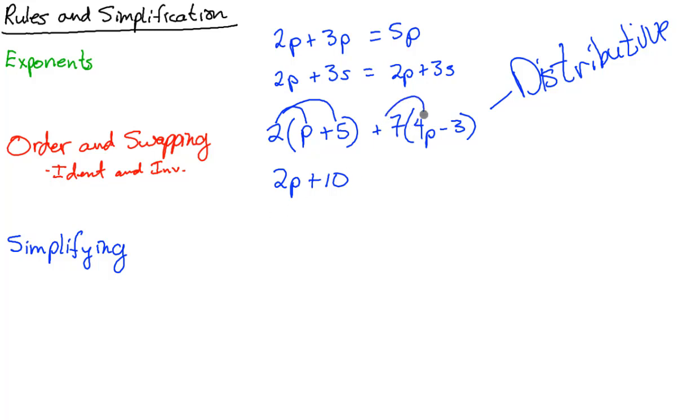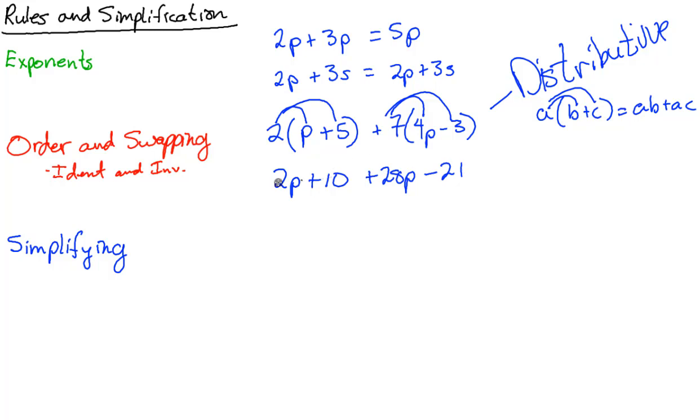This guy can be jumped in, include this sign with it, and you get plus 28p minus 21. Now, officially it says a, b plus c, so this is with variables, so this works for all numbers, equals ab plus ac. Yeah, that's important, that this outside the parentheses can distribute in there.